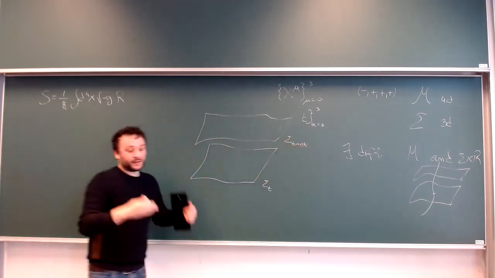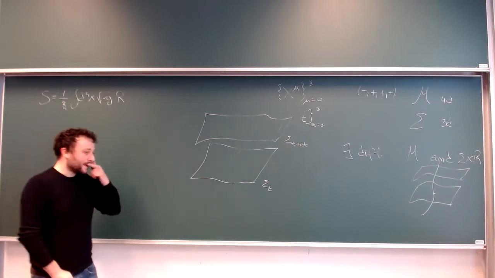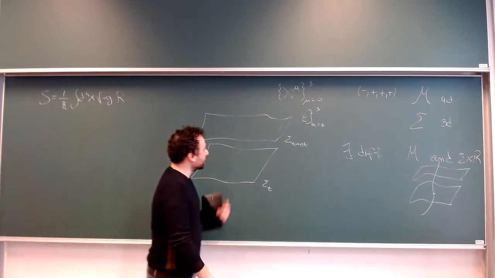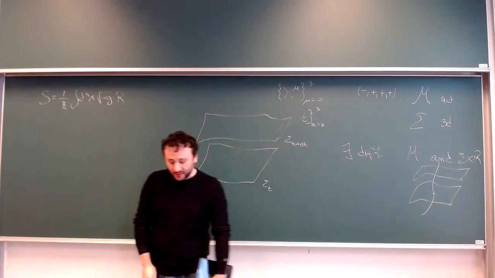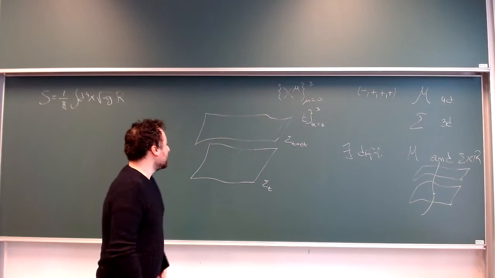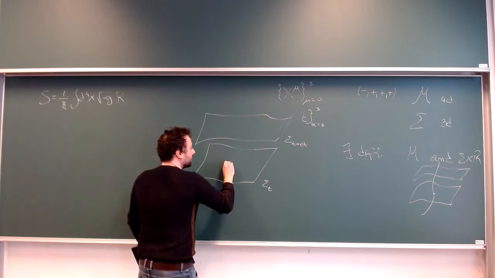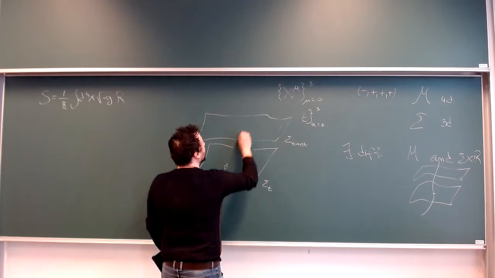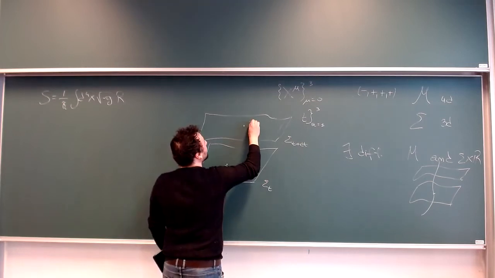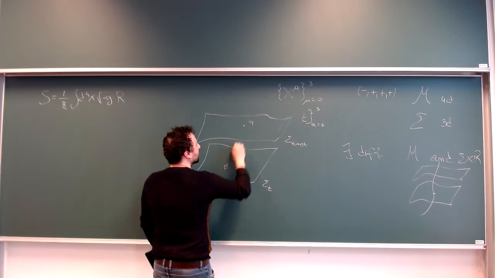So again, an infinitesimally small shape created from sigma t. Say we fix a point here that we call P, and there is another here, Q.